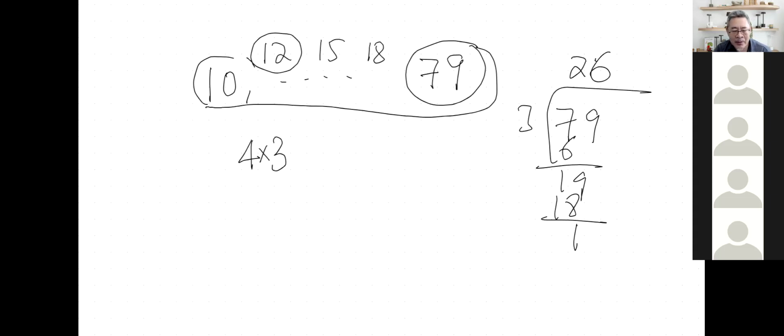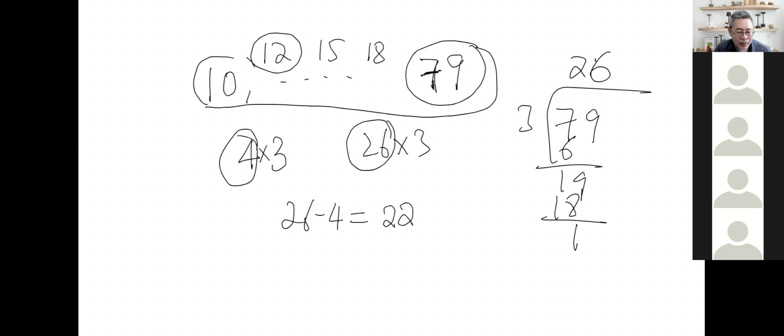The next one will be bigger than 79. So the last multiple in this interval will be 26 times 3. So now we just figure out 26 minus 4. That gives us 22. And we just add 1 to it. So we get 23 multiples of 3 between 10 and 79.